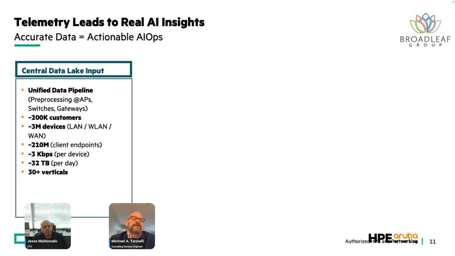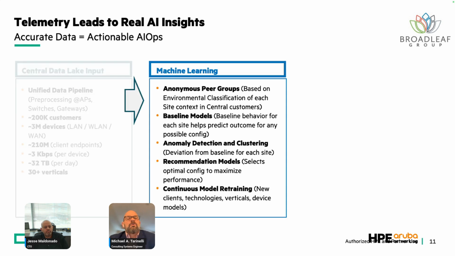More or less, all that data, all that telemetry, that metadata gets pulled back into a data lake where we can then run machine learning on it. This is our AI toolbox, if you will. We have any number of models, whether we are looking to make peer connections.